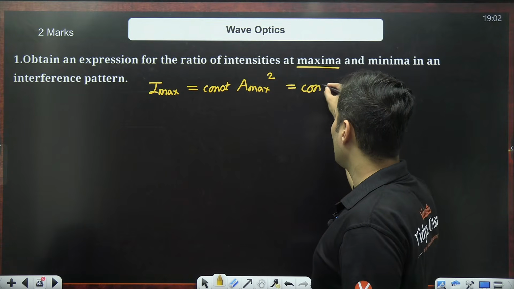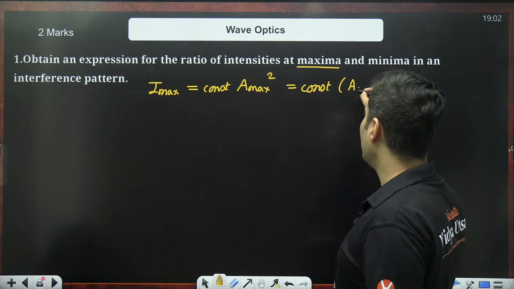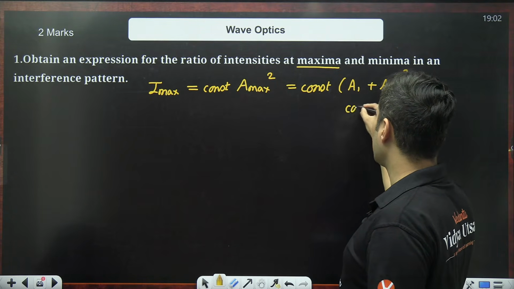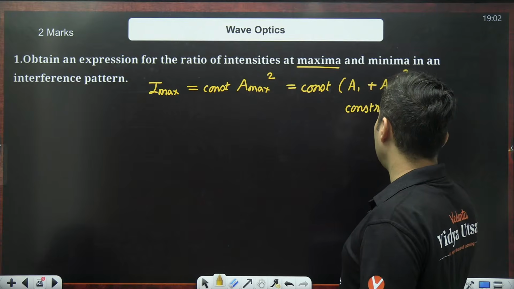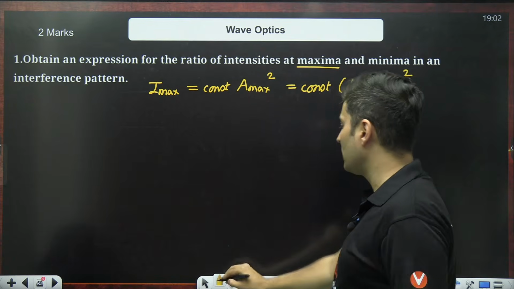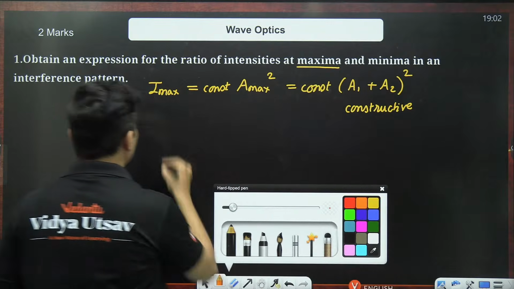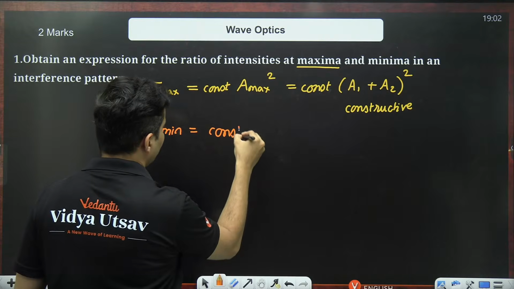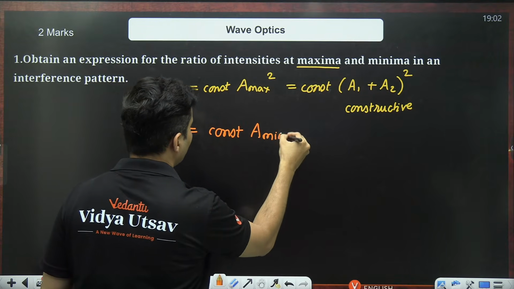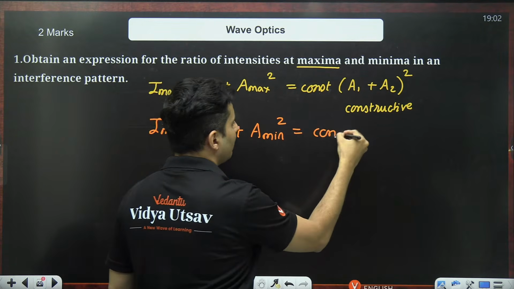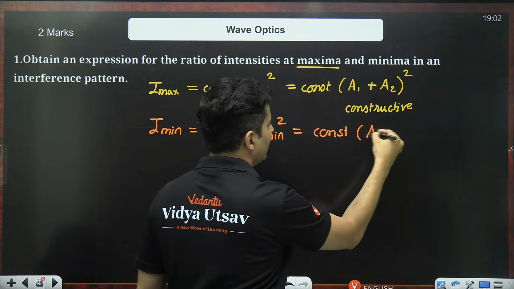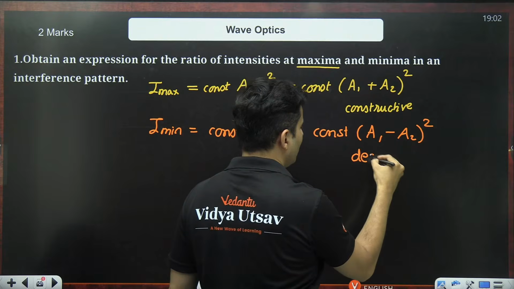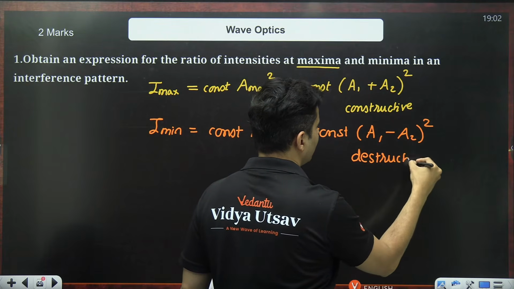So this will be nothing but constant multiplied by maximum amplitude square. The maximum amplitude will be A1 plus A2, because of constructive interference. Similarly, the minimum intensity will be constant multiplied by A minimum square, and that minimum amplitude will be A1 minus A2, the difference of the amplitudes, because of destructive interference.